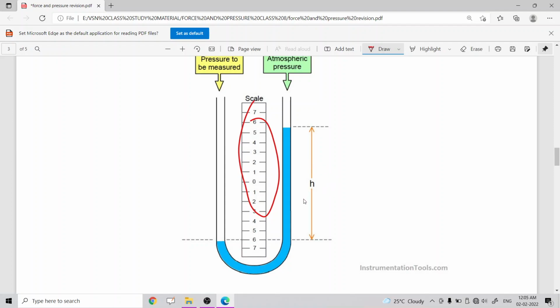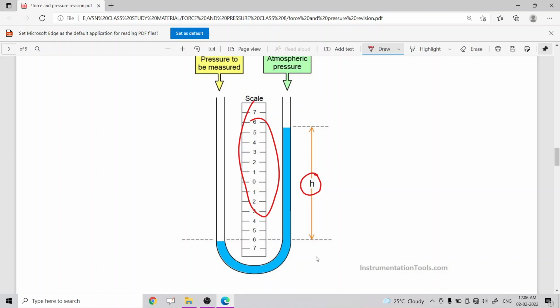The liquid levels are at different heights, and h is the height difference between the two liquid columns, or two sides.